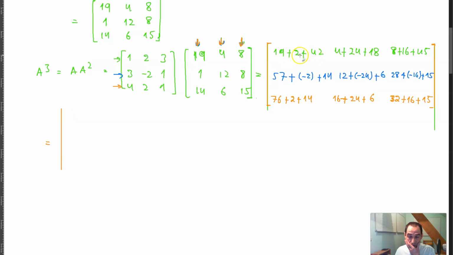19 plus 42 plus 2. So 19 plus 2 is equal to 21. 21 plus 42 is equal to 63.